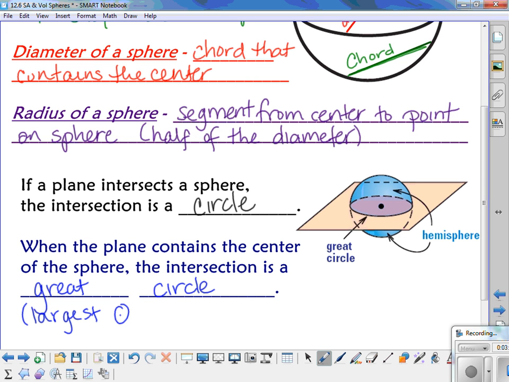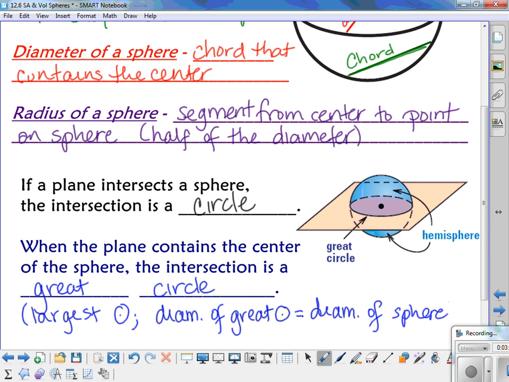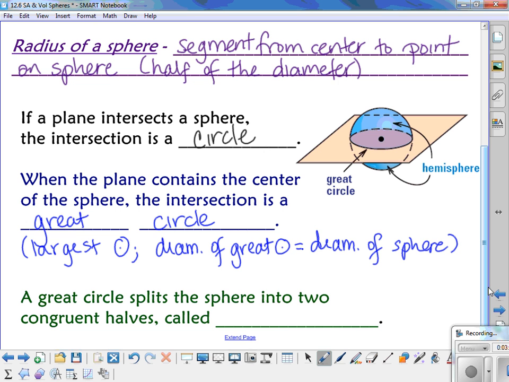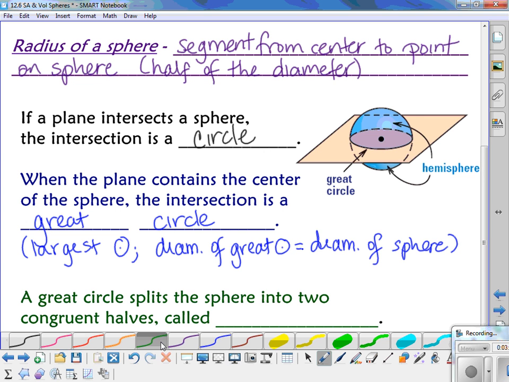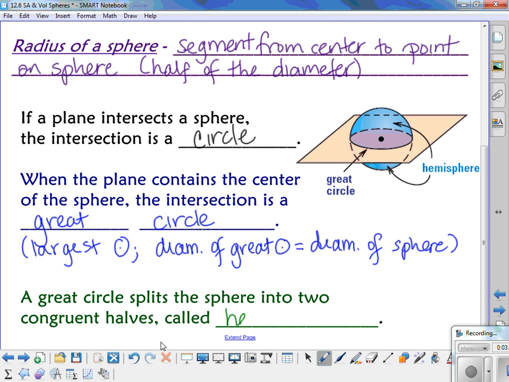And the diameter of the great circle would equal the diameter of the sphere. And then finally, when a great circle splits the sphere into two congruent halves, we call the halves hemispheres.